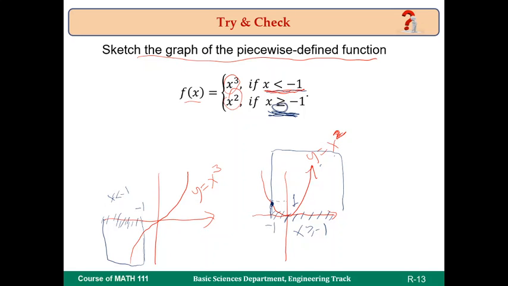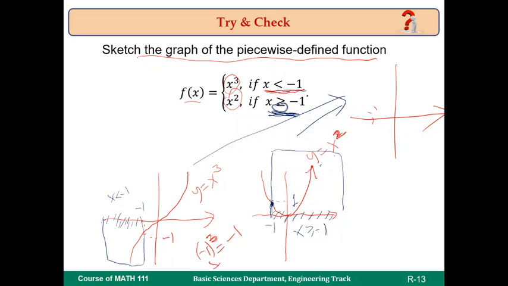So when you put these together, you will get this graph here. Up to -1. So you can look at here, this -1 corresponds to -1 here because -1 cubed is equal to -1. So this is x and this is y.